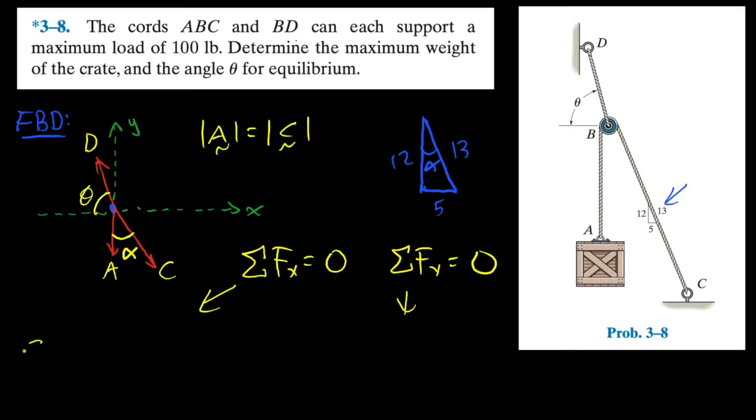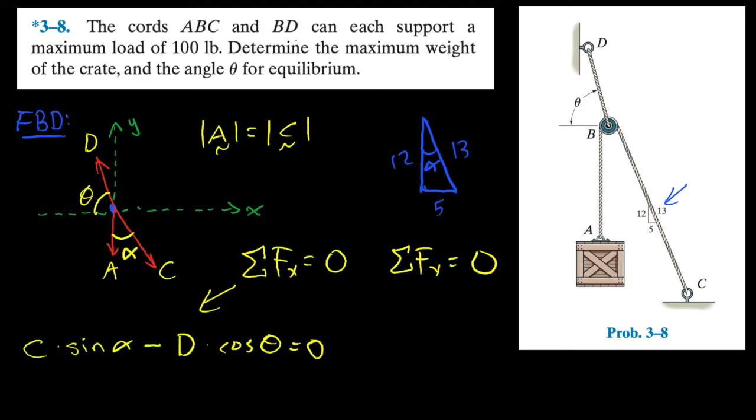We have vector C, and it has an x component that looks like this. So let's have vector C times sine alpha minus vector D times cosine theta equals 0, because the net force in the x direction is supposed to be 0 because we're in equilibrium.